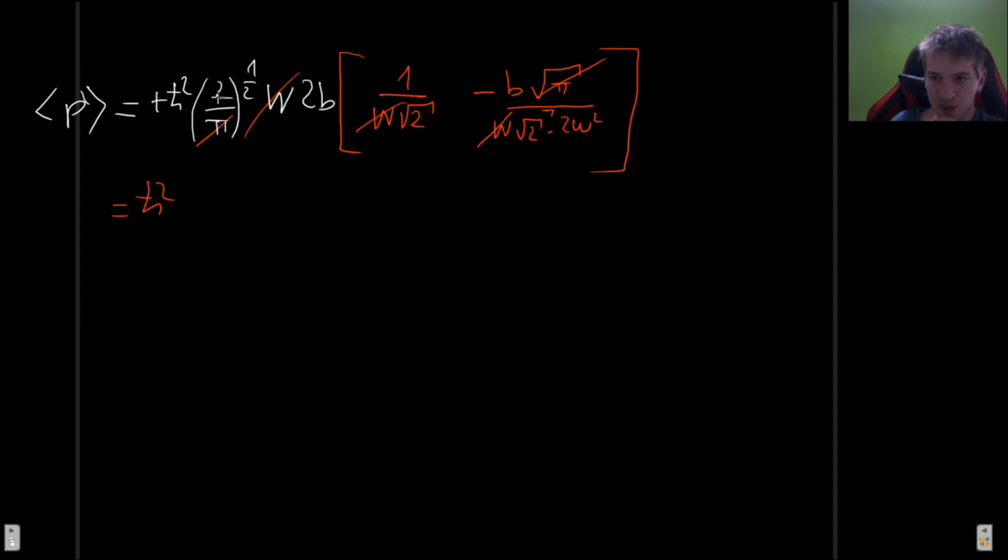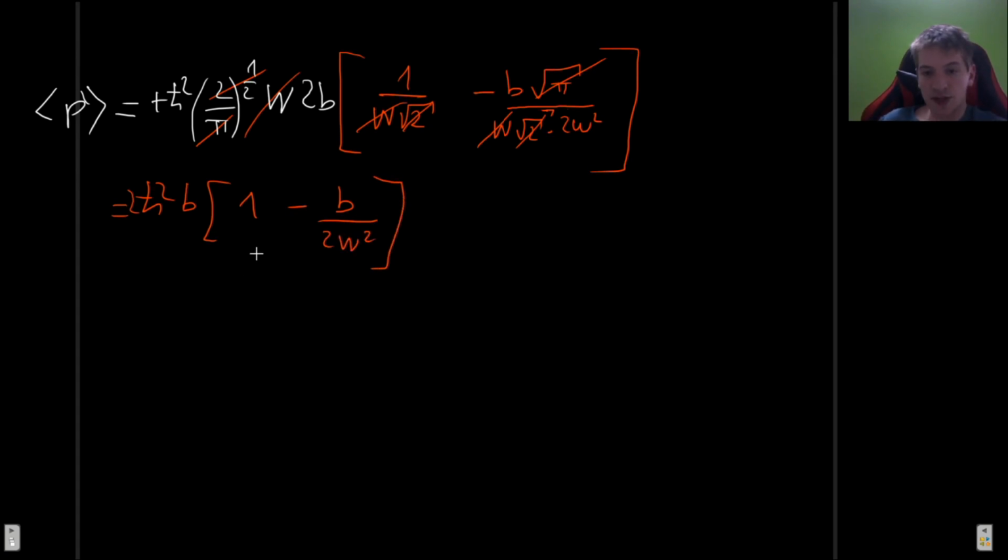There we got a square root of, actually that can, this get times b, 1 minus b divided by. Okay, so here in principle we already have the answer, but we can simplify this further.